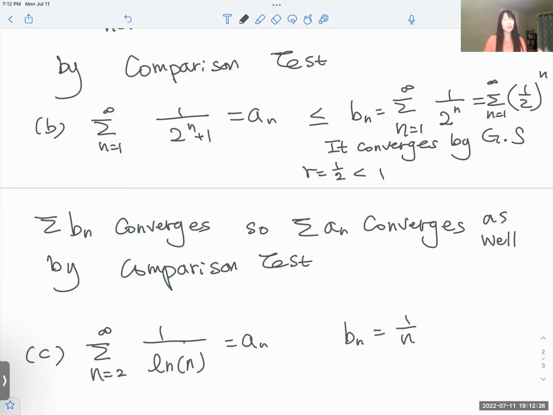Okay, when n equals 2, 1 over ln 2, can you please compare that with 1 over 2? What is 1 over ln 2? Can you please calculate 1 over ln 2?